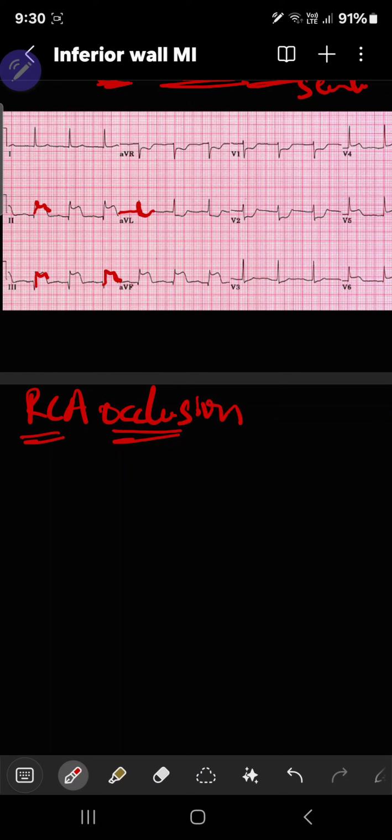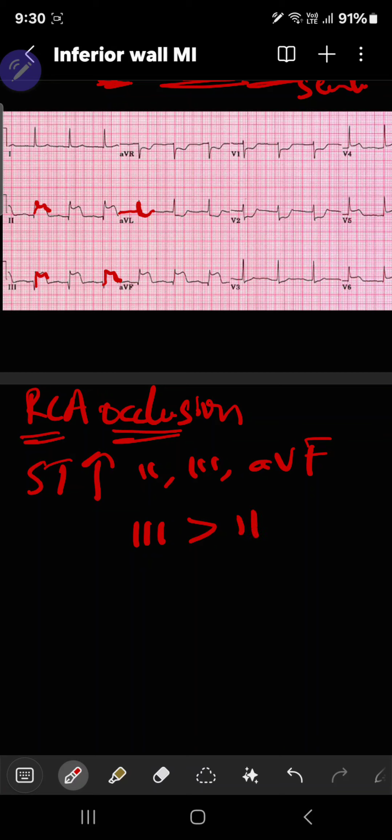According to this, the diagnostic criteria will be the same: ST elevation in 2, 3 and AVF, but the ST elevation in lead 3 will be greater than in lead 2, and there will be ST depression in lead 1. Apart from ST depression in AVL, there will be ST depression in lead 1.